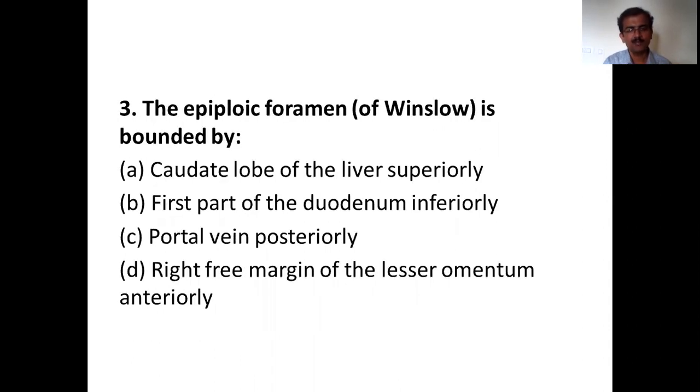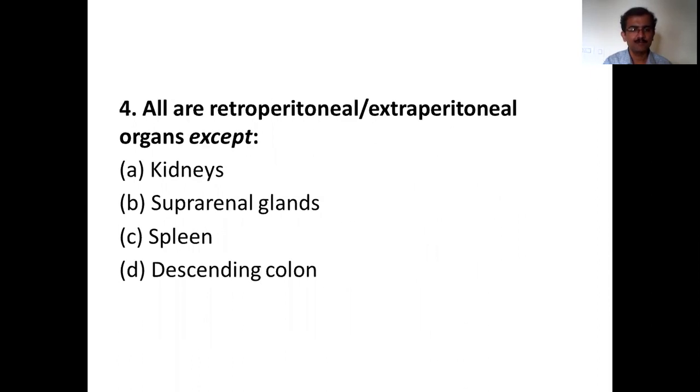Third, the epiploic foramen of Winslow is bounded by the caudate lobe of the liver superiorly, the first part of the duodenum inferiorly, the portal vein posteriorly, and the right free margin of the lesser omentum anteriorly. Fourth question: all are retroperitoneal or extraperitoneal organs except kidneys, suprarenal gland, spleen, descending colon.